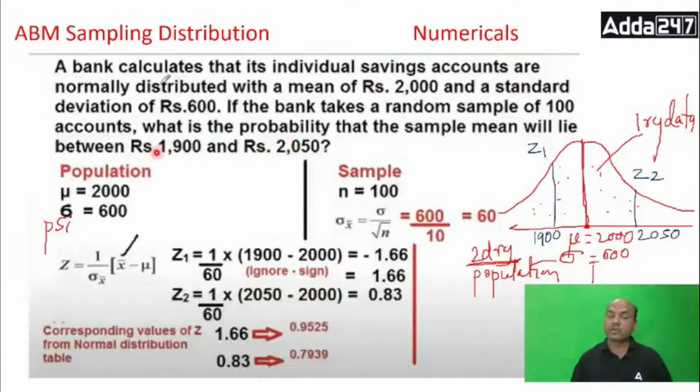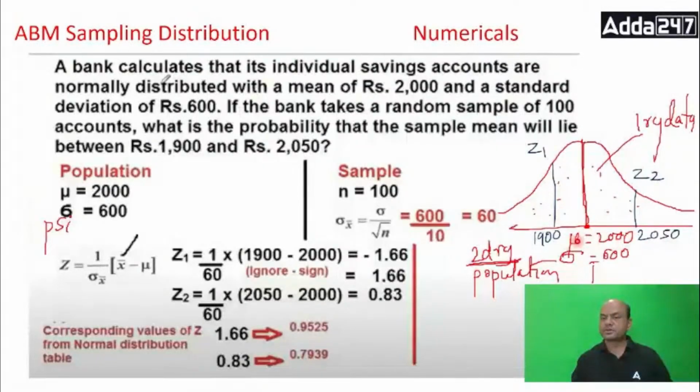So now there are two questions. One is for 1900, second is 2050. Now the population mean is given as 2000. So first you have to draw this normal distribution curve. When you draw this curve, the center is known as the population mean, 2000. So here I'll write 2000.